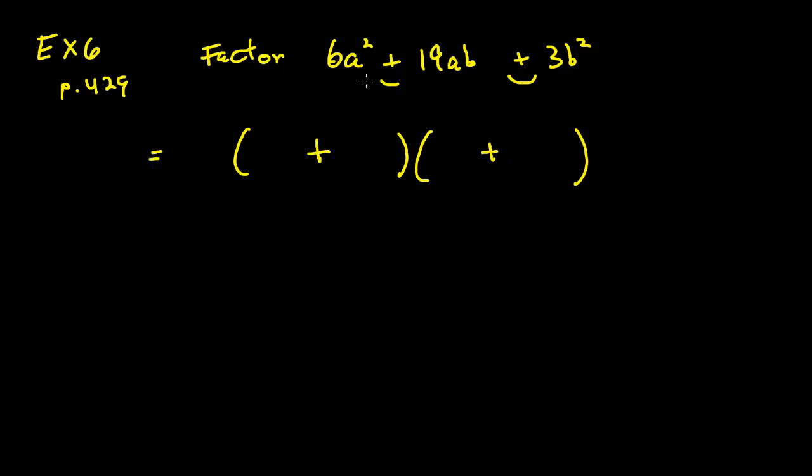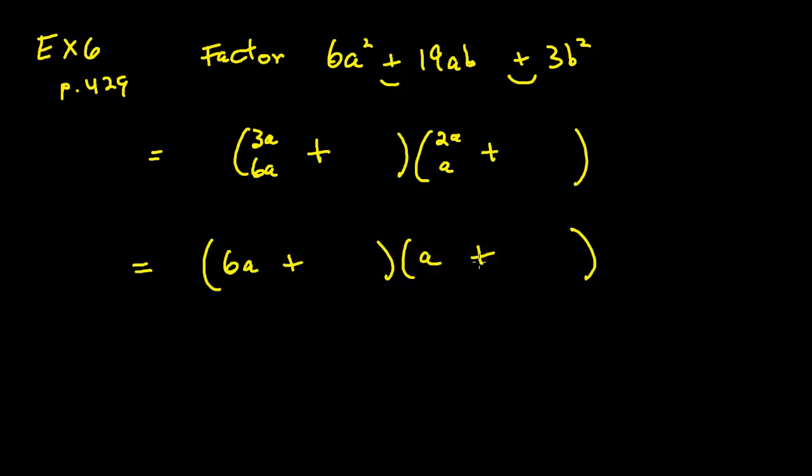I'm looking at 6a squared. Well, again, 6 has got two different possibilities. I could have 3a and 2a in the first slots, or I could have 6a and 1a, or just a, in the first slots. Not sure which one's going to work. Let's see. I think I see something here. If I try 6a and a in the first slots, let me try that.